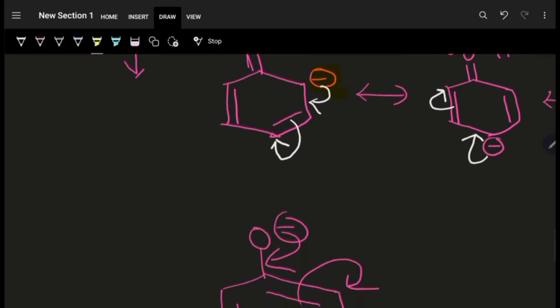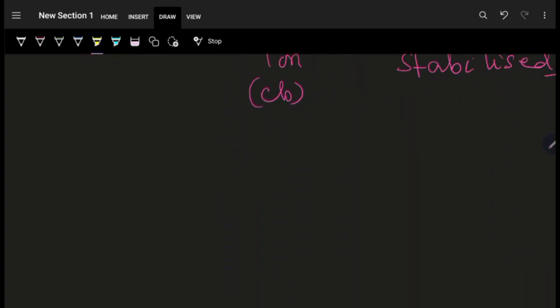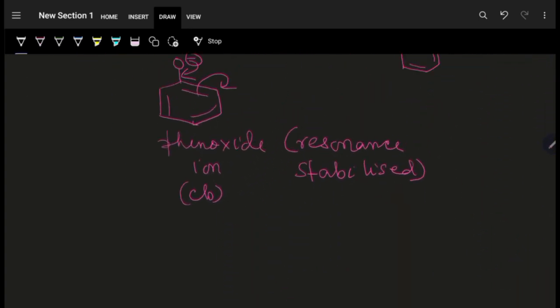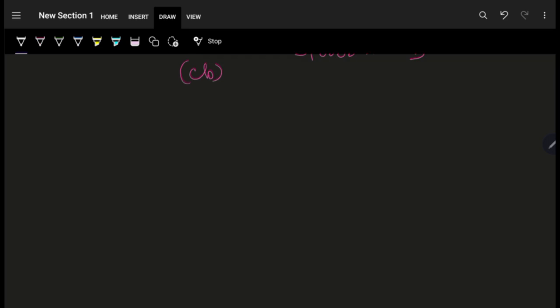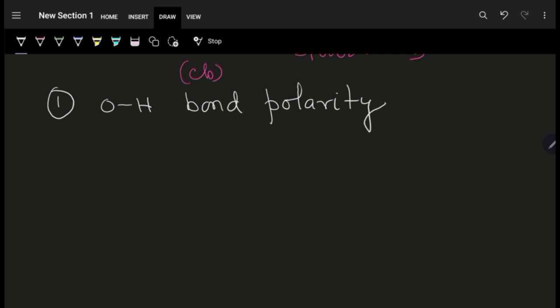So two things you have to say when you are comparing the acidic behavior of any compound, I mean alcohol, phenol, substituted. You talk about first the OH bond polarity. If the bond polarity is greater, then the acidity is also greater. Then only H+ can be released easily. Talk about conjugate base stability.